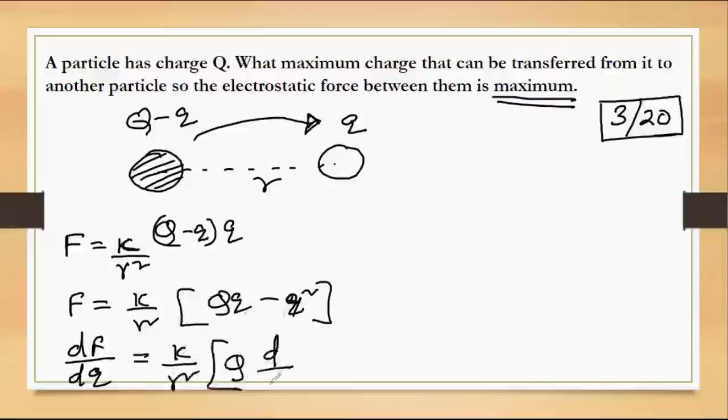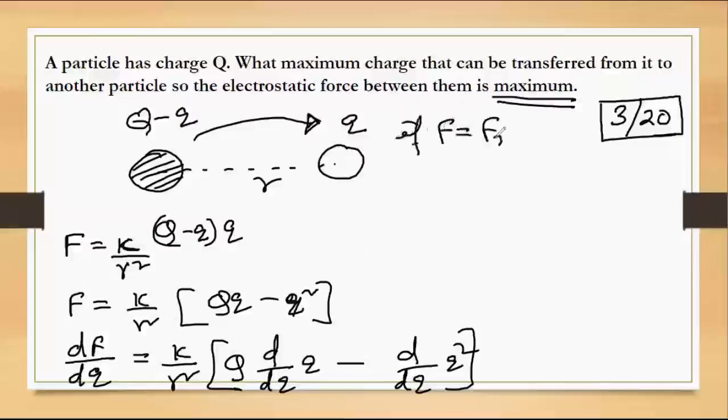So it will be dq of Qq minus dq of q square. As the force is maximum, the differentiation of a maximum or minimum quantity will be 0 only. If F equals F max, the differentiation will be 0.